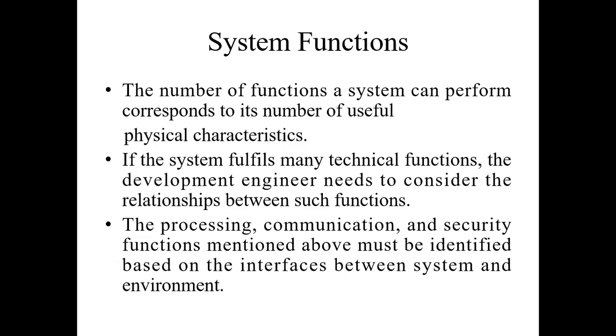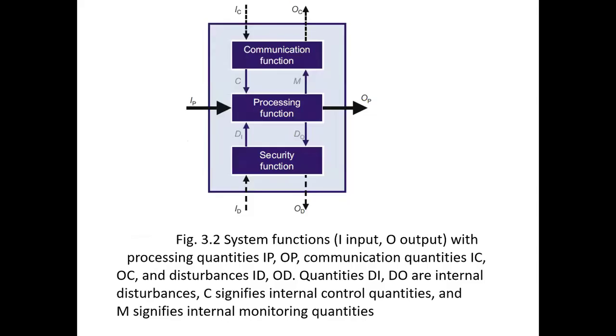So to fulfill their technical functions, the development engineer needs to consider the relationship between the functions. Okay, here we have processing layer, communication layer, and security layer. Otherwise, you can call them processing function, communication function, and security function. What we mentioned above helps you to interface between the system and the environment. So this is the figure you can see here.